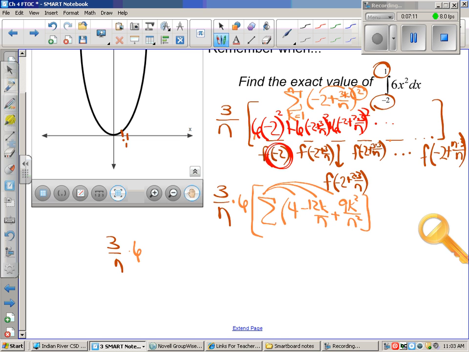Everybody's going to get that summation. And so what we have is, we have 4, right? The summation of 4, and I'll write it out long here, minus the summation of 12k over n plus the summation of 9k squared over n squared.